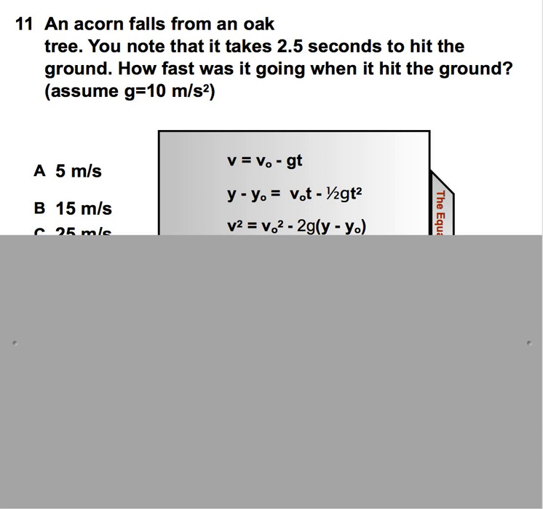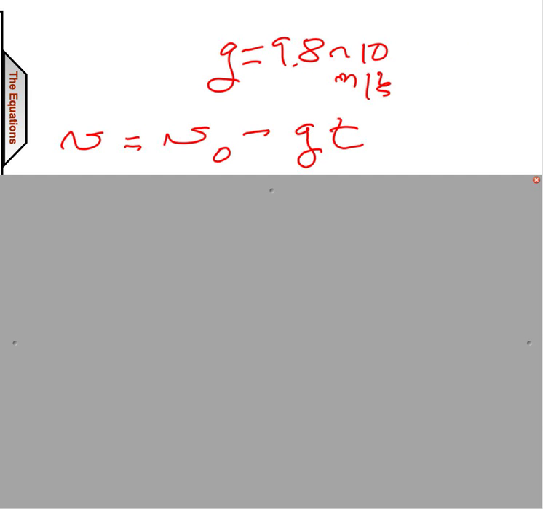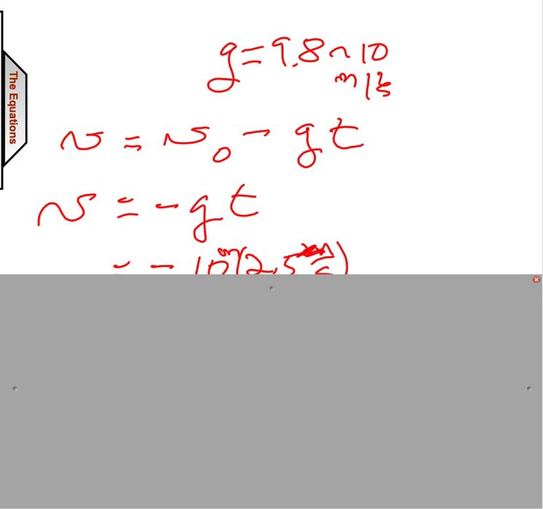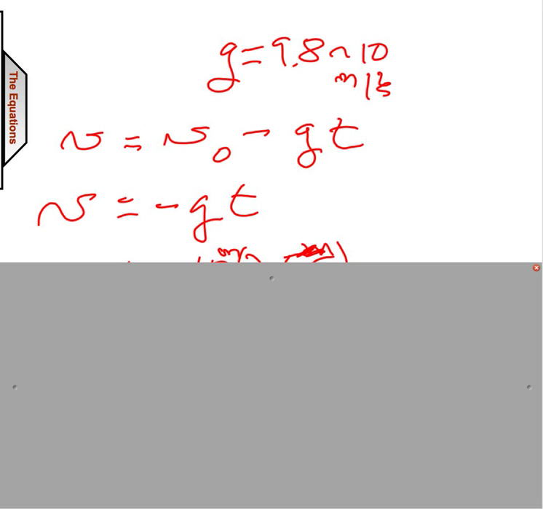So the equation that we're going to use is going to be this one. We're going to use 10 for g. Initial velocity is 0 because the acorn drops to the ground, so its initial velocity is 0. And then when it hits the ground here, the question is, what is the velocity?